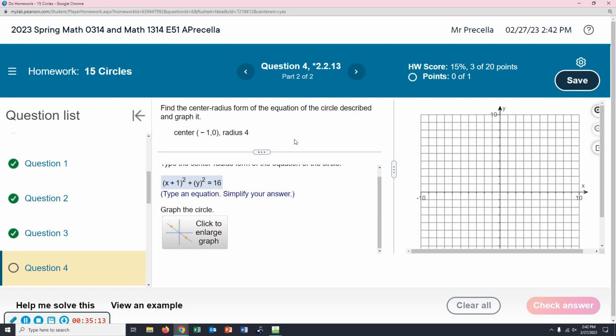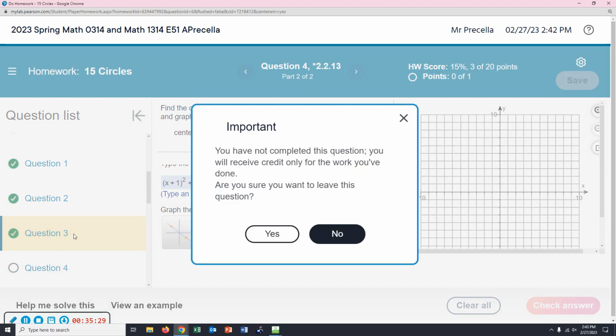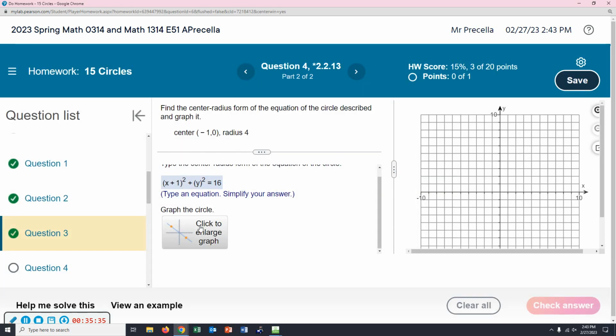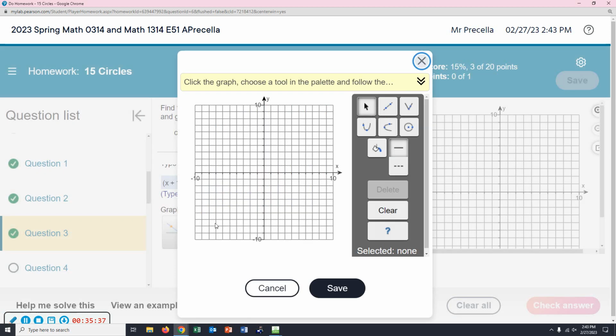Now, number 5 is just another one like this with a 0 in it. I want to get on, look at number 6. But before we do that, oh wait, I haven't completed the question. I'm sorry about that.